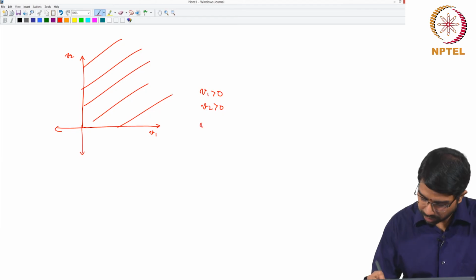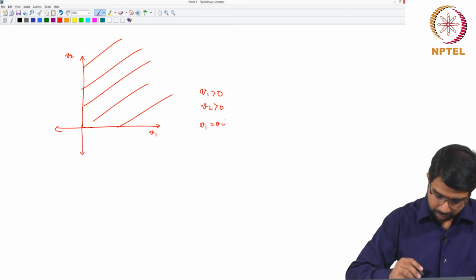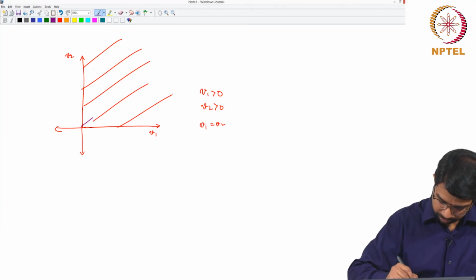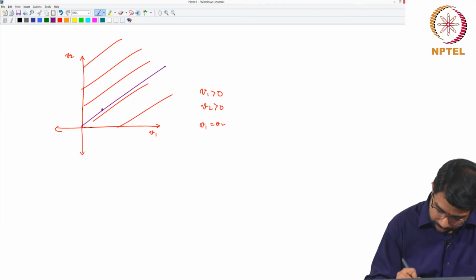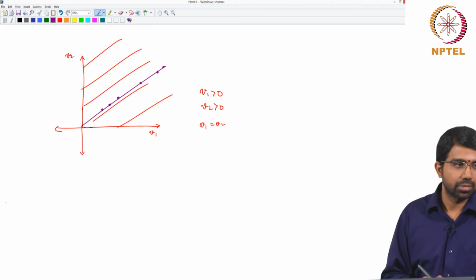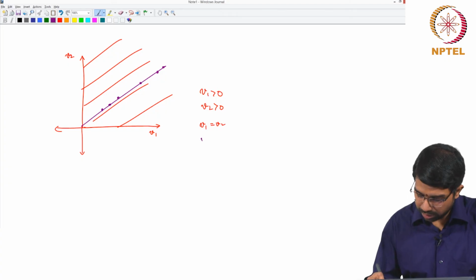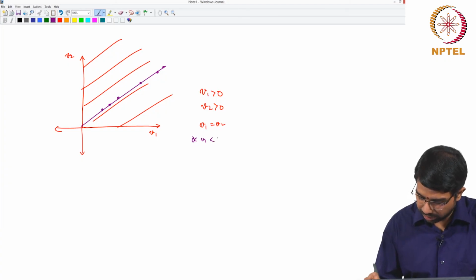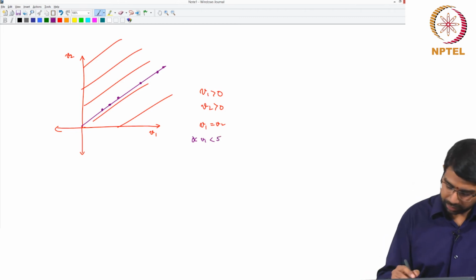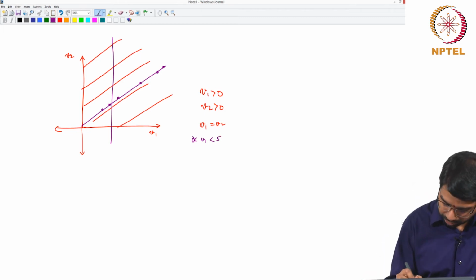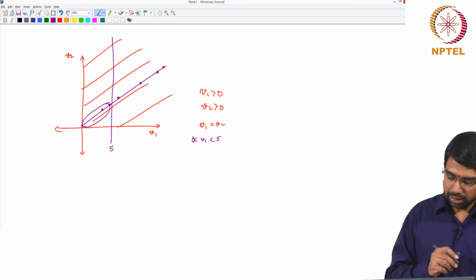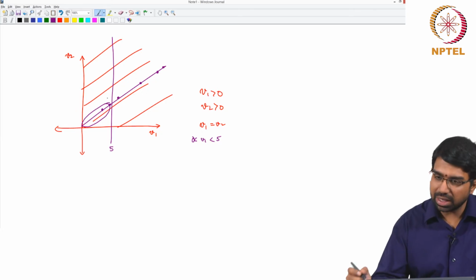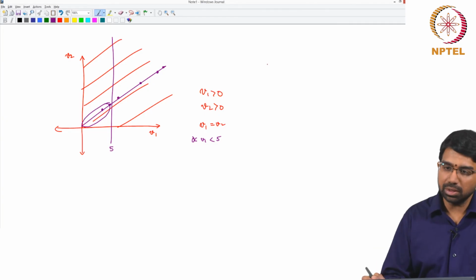Now if I say V1 equal to V2, it becomes this very line, right. So, every solution on this is a possibility, right. And then if I know something more, if I know 0 less than V1 less than 5, that might say that all the solutions are on this part, let us say this is 5. So, these constraints basically help eliminate impossible behaviors, impossible flux solutions.